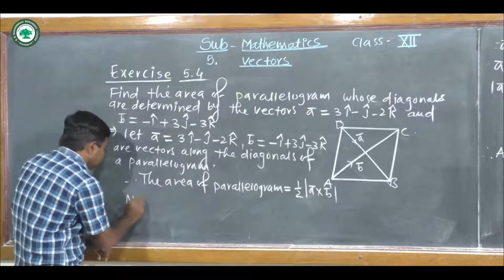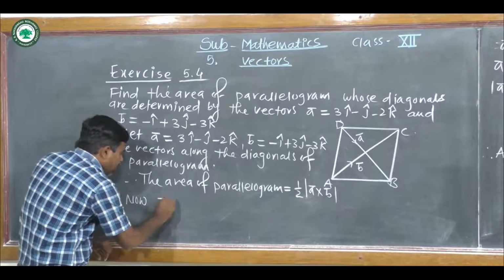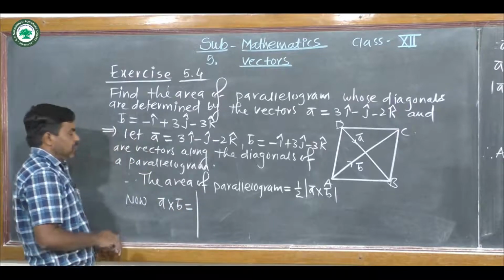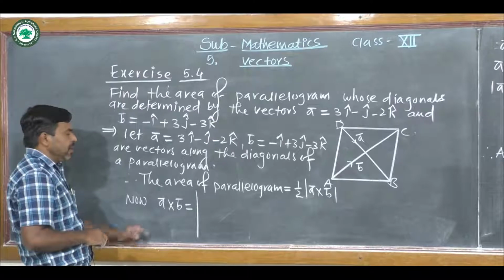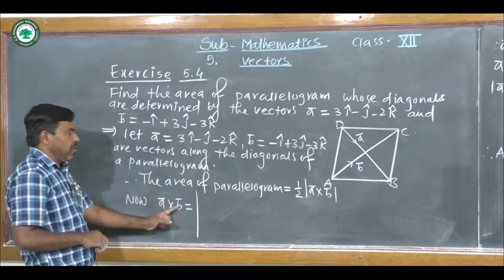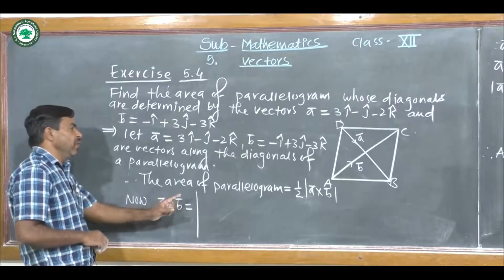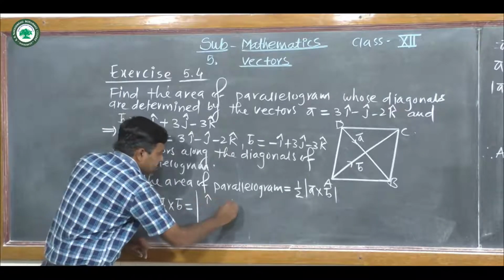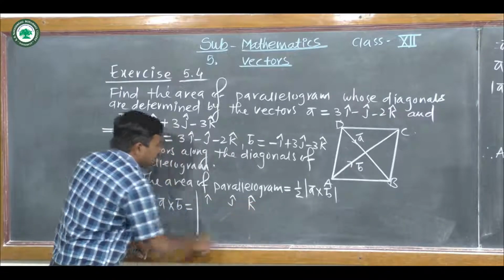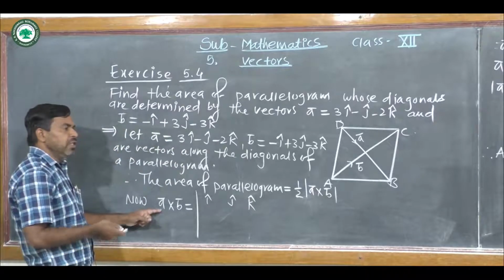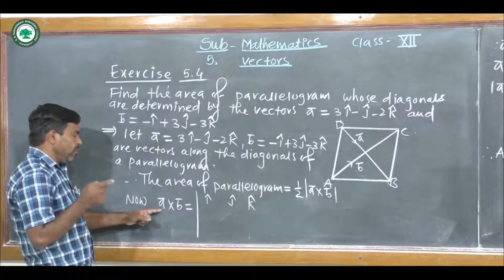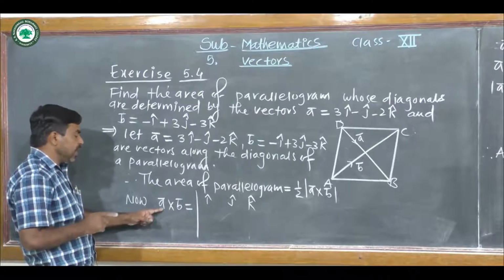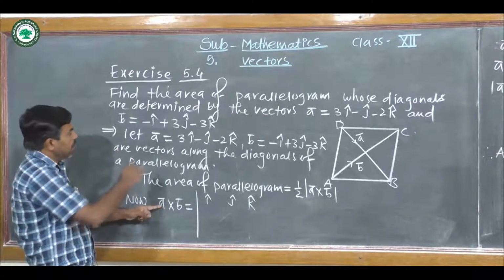Now A bar cross B bar is equal to, as I have told you in the previous example, if you want to find A bar cross B bar using the determinant form, the first row is i cap, j cap, k cap. The second row is the coefficients of i, j, k in A bar. See, A bar is here.